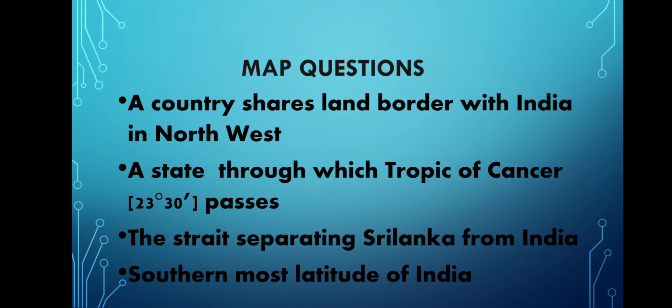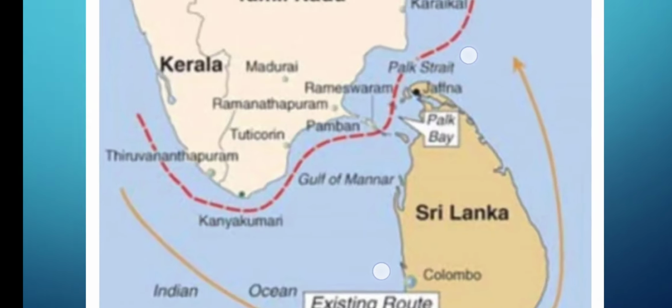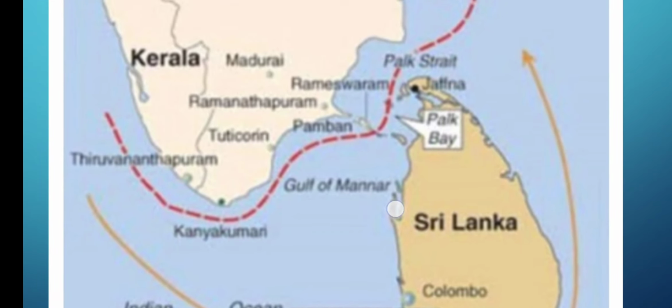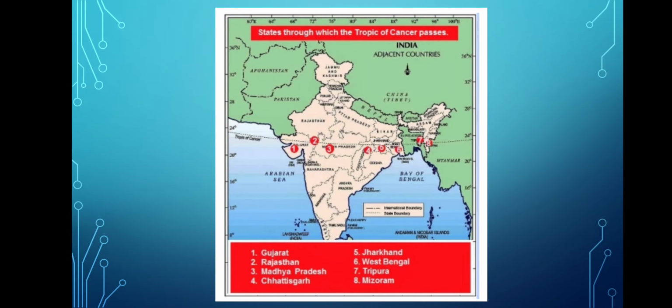India is separated from Sri Lanka by two water bodies, the Gulf of Mannar and the Pak Strait. Any of these water bodies you will mark according to the question. This is the Gulf of Mannar, this is the Pak Strait. In your map from here you can get it.